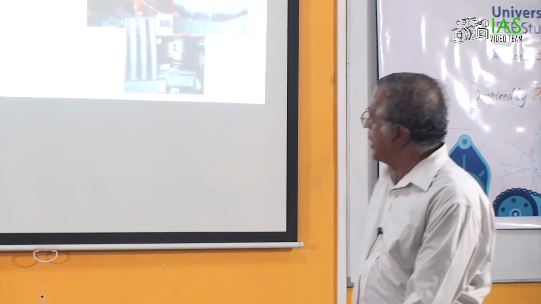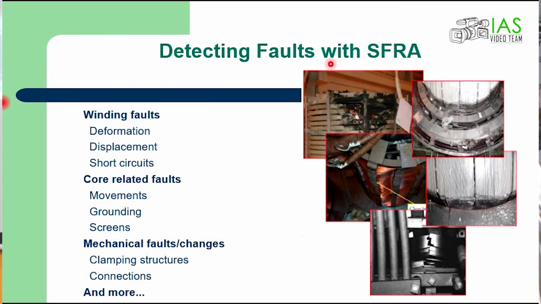Now, see, detecting faults with SFRA: winding faults, deformation, displacement, short circuits, and correlated faults, movement, grounding, screens, whatever, and mechanical faults like clamping structures, connections, and more, buckling of windings.